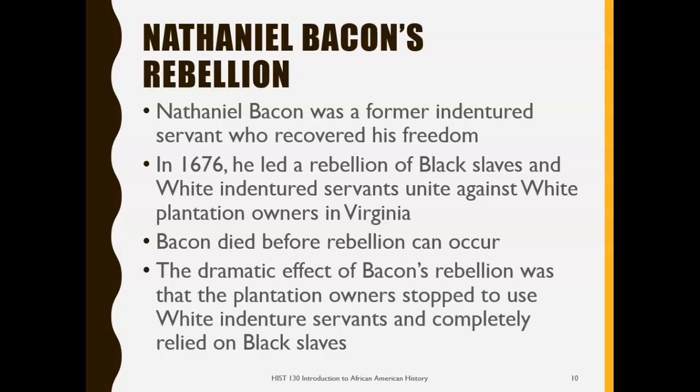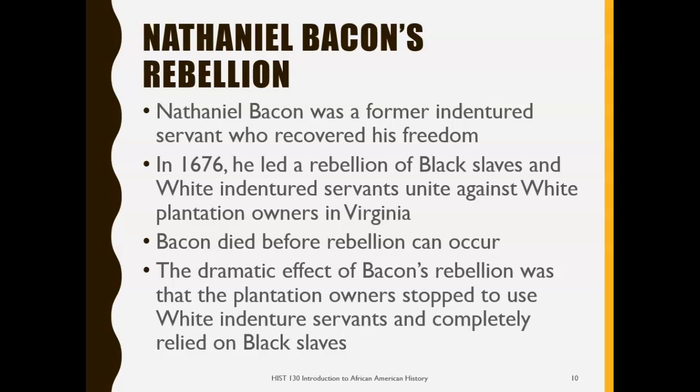The reason for that rebellion was that he and his fellow indentured servants wanted land, but the rich planters didn't allow them to own land. But Bacon died before the rebellion occurred.